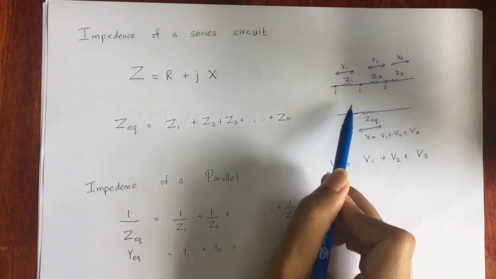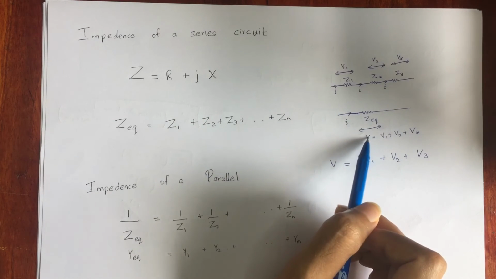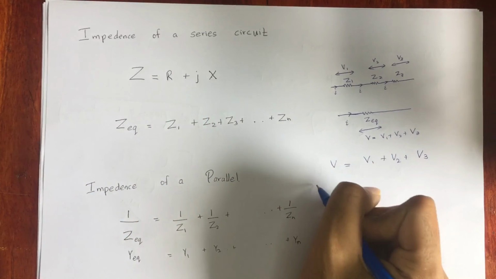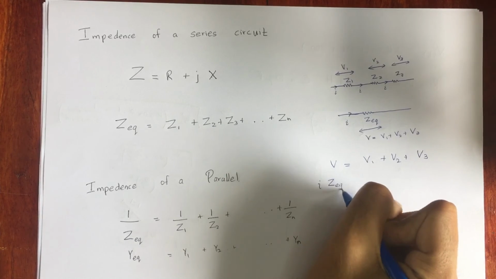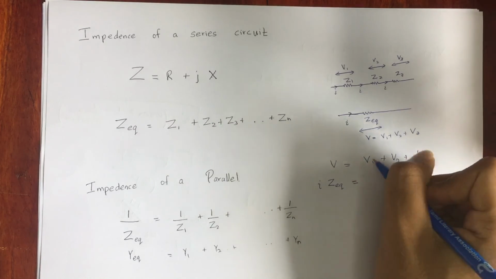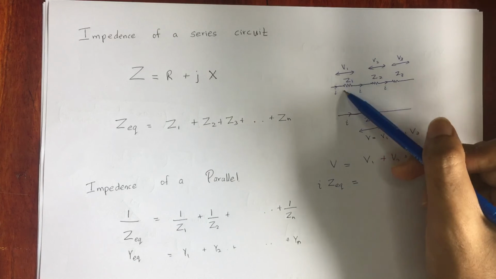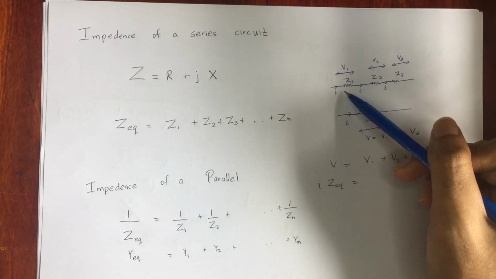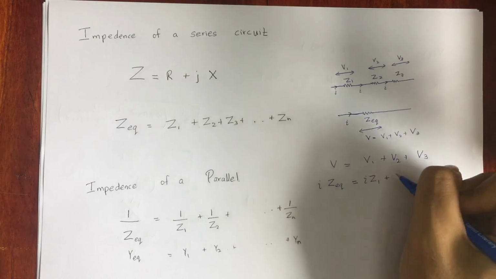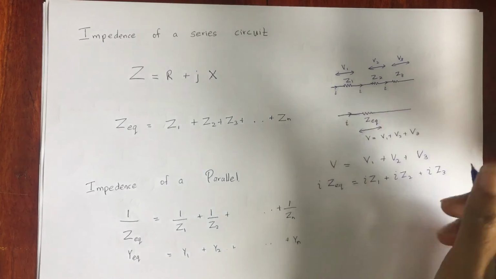We knew that when there is a current I, the voltage difference V is equal to I into the impedance, V equals IZ. So it's going to be I Z equivalent. Likewise, for V1 we use the V equals IZ equation and get V1 equal to I into Z1, as the current is the same. Likewise, V2 is I into Z2, and V3 is I into Z3.